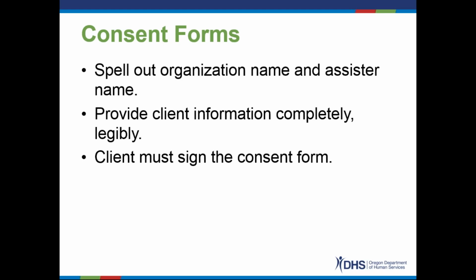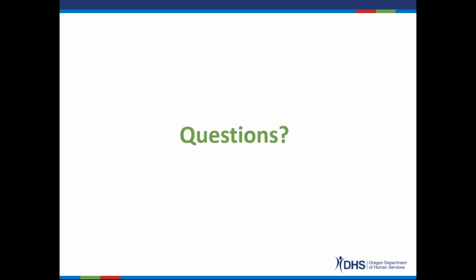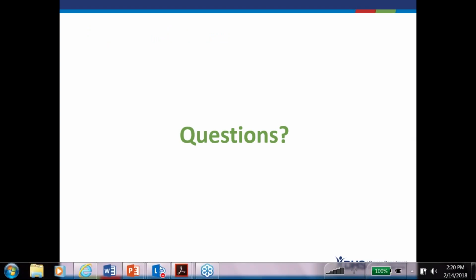The client must sign the consent form. It is not valid unless the client has signed. So, short and sweet, we are seeing a trend of consent forms coming in incomplete, and I just want to make sure you are all aware of that.